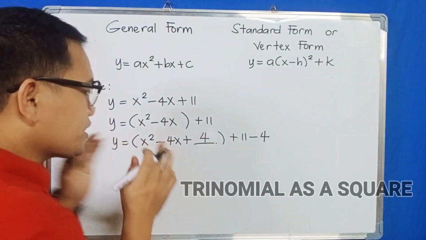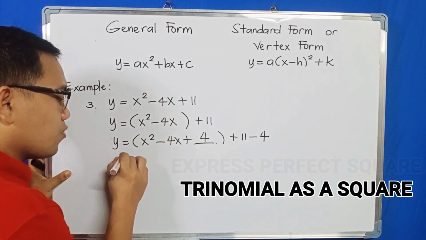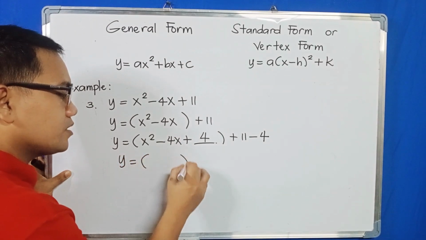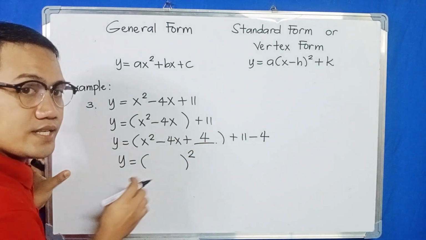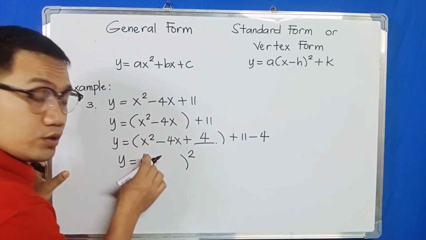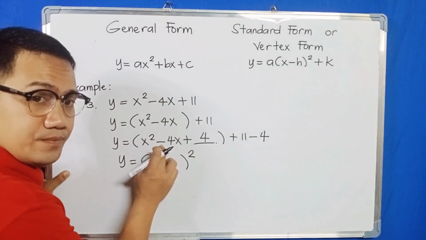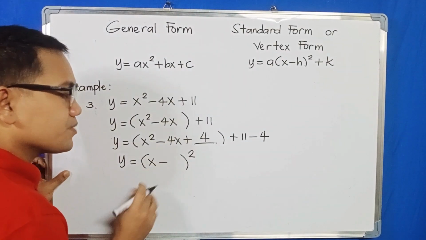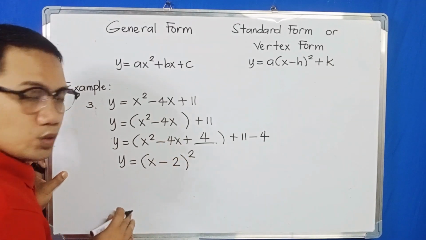So we will try to express this one as a square of a binomial. So we will have y equals the quantity of our given binomial raised to the second power. We will get the square root of x squared, that would be x, the sign of our second term, which is negative, and half of the coefficient of x, which is 2.